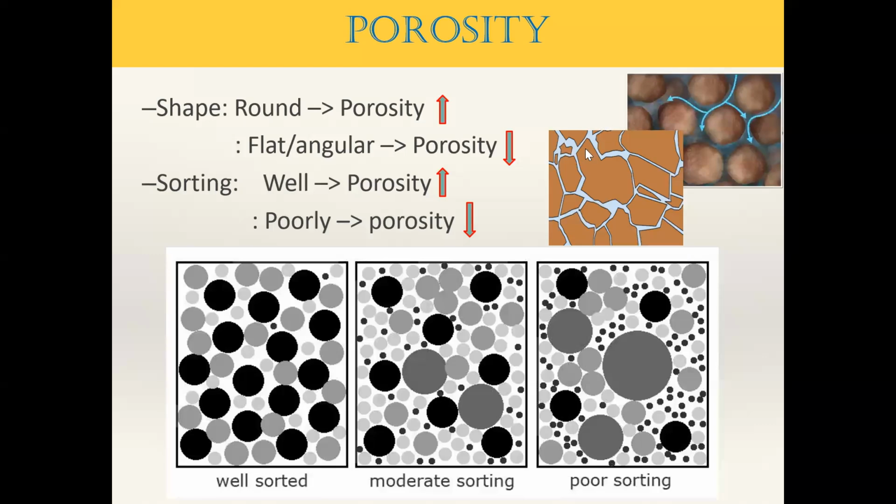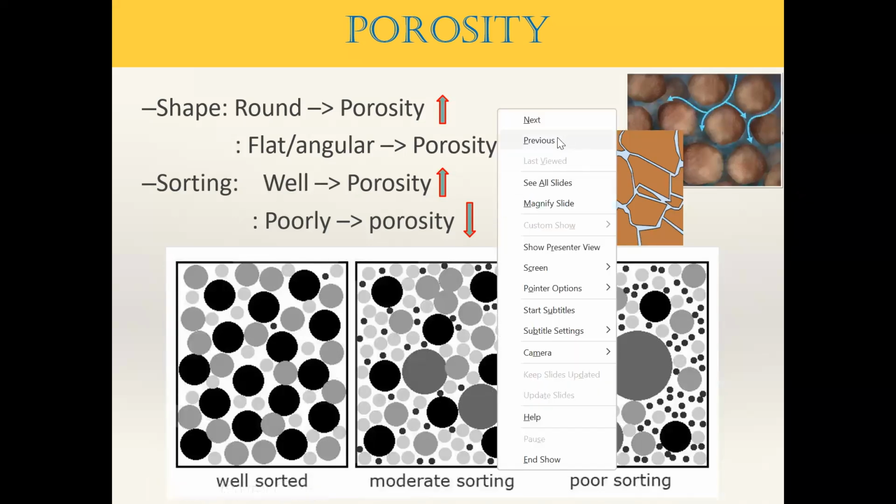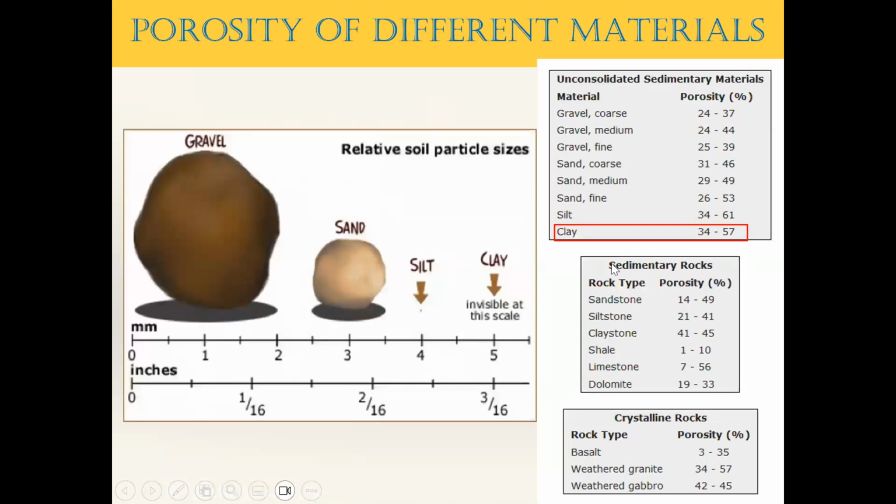Right, so we were discussing porosity, right? Now, how can this porosity difference be explained in the case of clay and gravel? Now you see the size of the gravel particles.